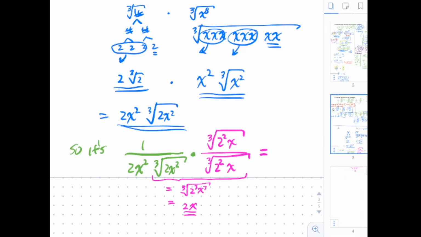On the top, 1 times this thing is the cube root of 2 squared, which is 4, really, over x. And then on the bottom, okay, careful here, we need to multiply the 2x. That's what you get from the radicals, but don't forget this part out front. It's also part of the multiplication. So 2x squared times 2x is actually a 4x cubed. And there's nothing to cancel. We're done. There it is.